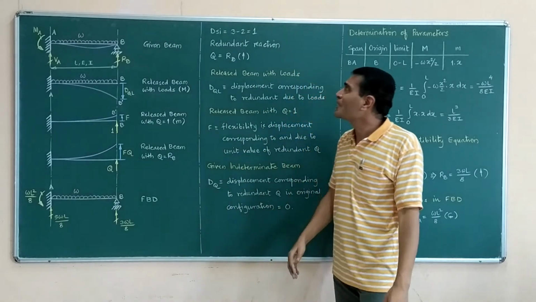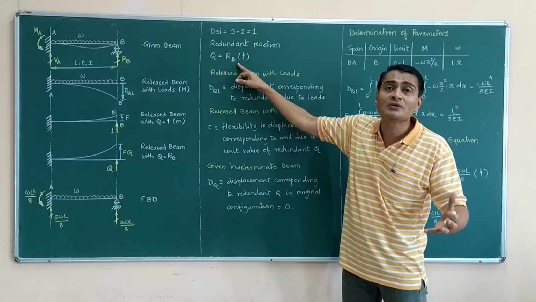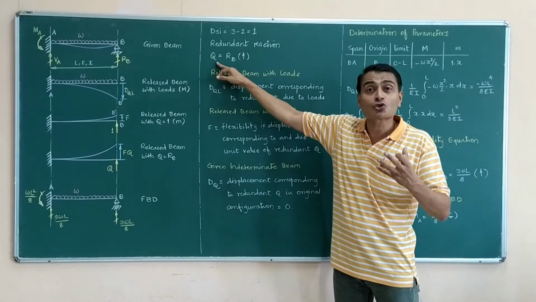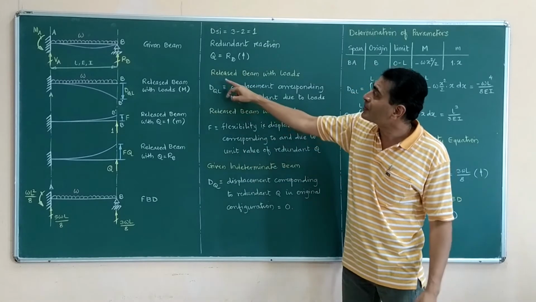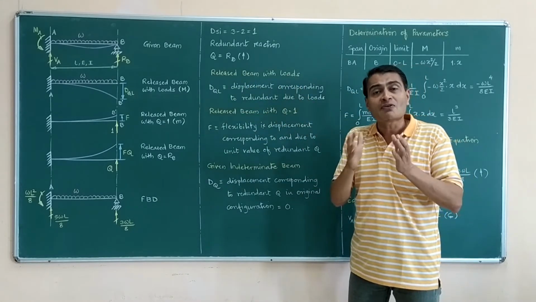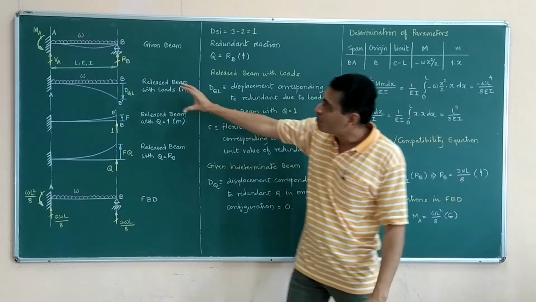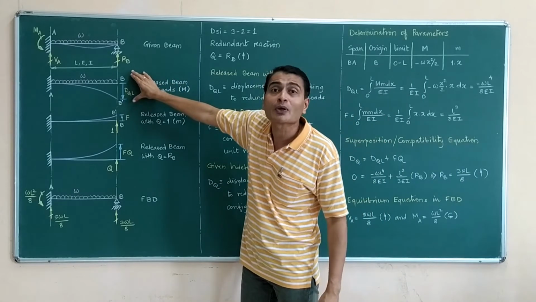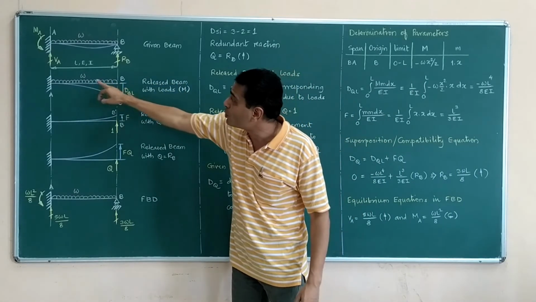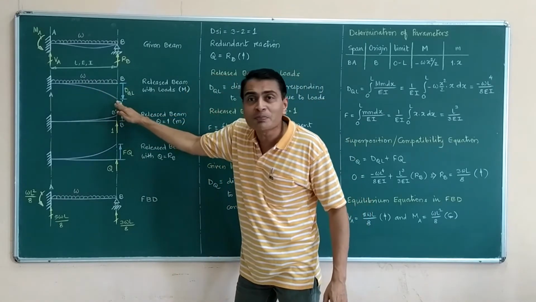And now let's see what we are writing. Redundant reaction we have already chosen as RB upwards, and that we are calling Q. Next I am writing released beam with loads. That means now after dividing the original beam into two determinate beams, my focus is this particular diagram. And here you are observing that because of UDL there is this deformation in the beam.